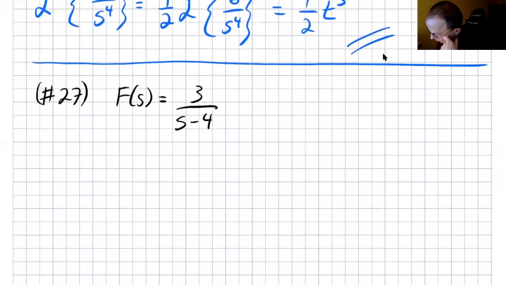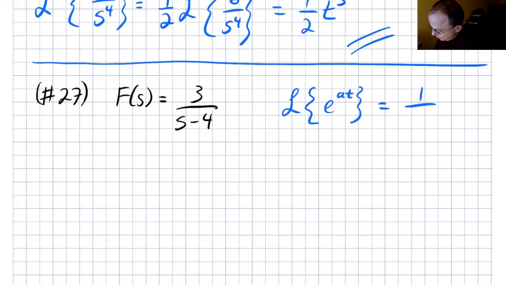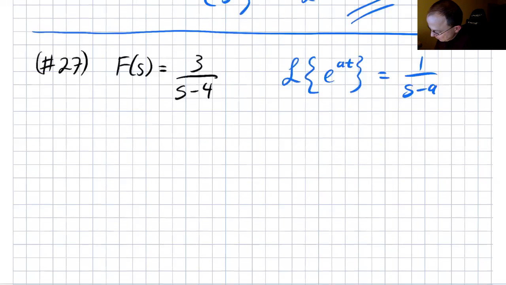Okay, what about this one? In the table, we have that the Laplace transform of e to the at is 1 over s minus a. So in this case, with a equals 4, the inverse Laplace transform of 1 over s minus 4 is e to the 4t.